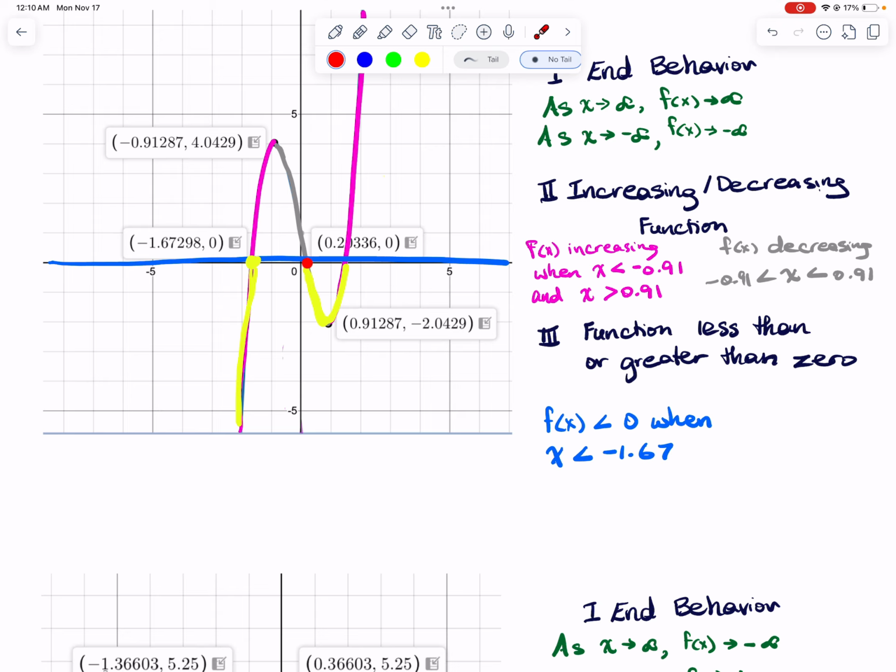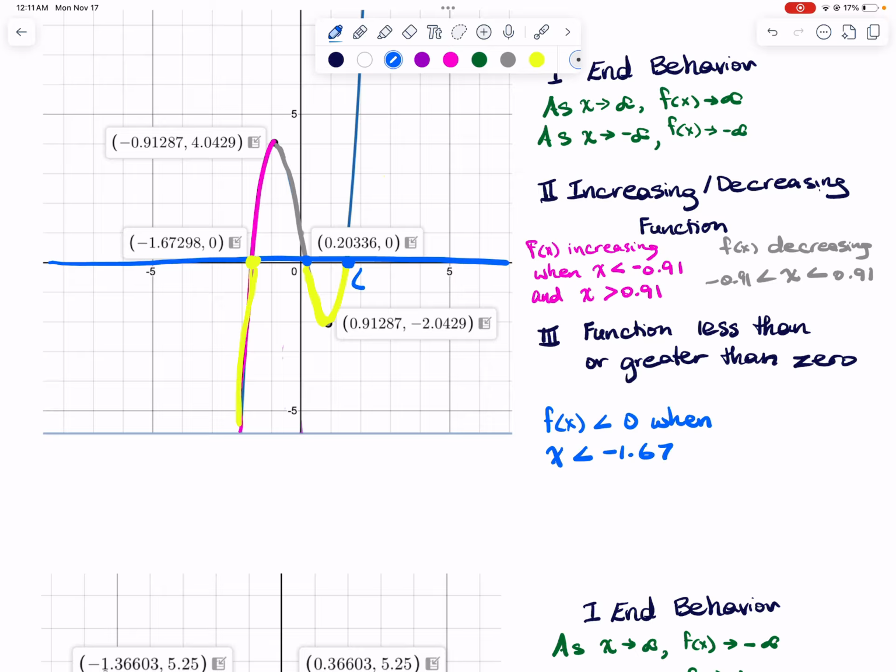Now it looks like I don't have coordinates for that number here. I guess I do, it's right here. So in between 0.2, I can't see here, so let's make sure we can. All right, so in between 0.2, I'll just say 0.2 for short, and it looks like I don't have coordinates for that value.